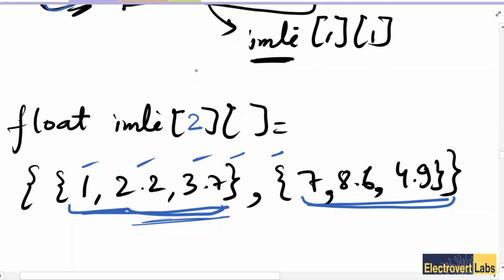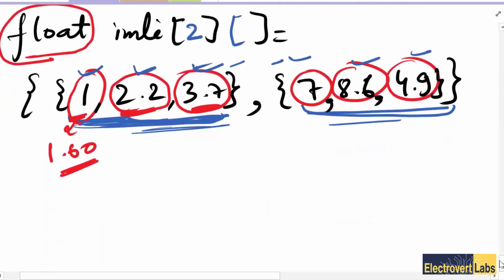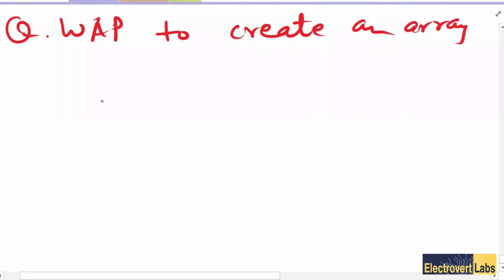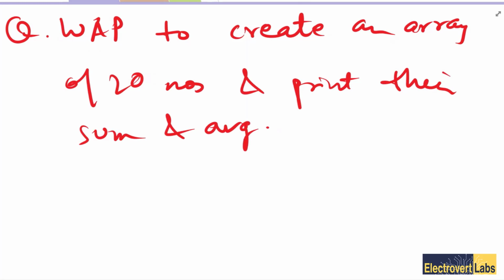Okay, this was about 2D arrays. So for example, let's do a question guys. In a few questions it will be clear, don't worry. Write a program to create an array of 20 numbers and print their sum and average. Of course, you have to create an array of size 20.